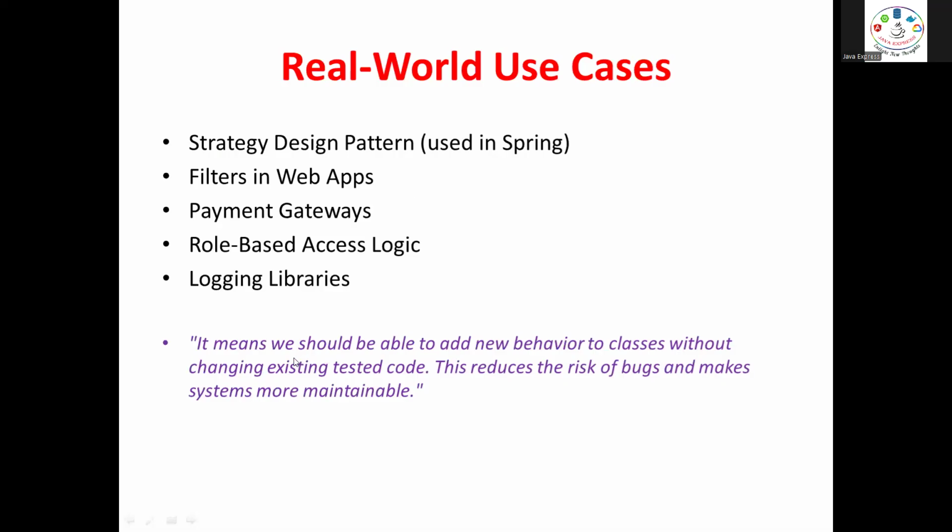It means we should be able to add new behavior to classes without changing the existing code. So what is the benefit? It will reduce the risk of bugs, so the system will be more maintainable here, guys. This is another principle, the OCP principle.